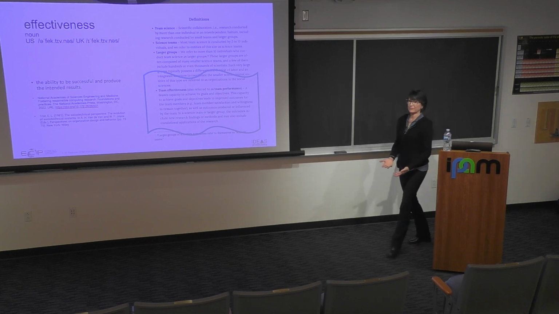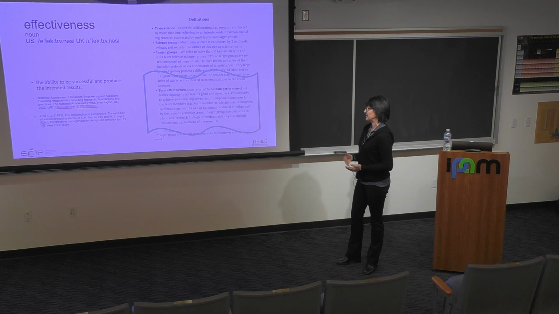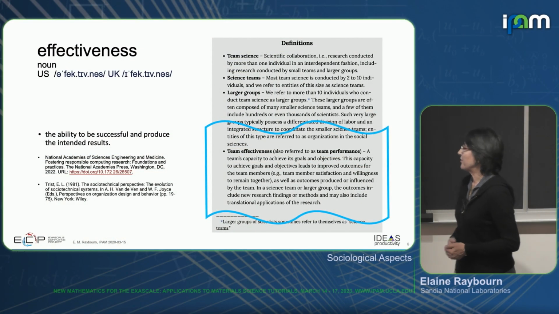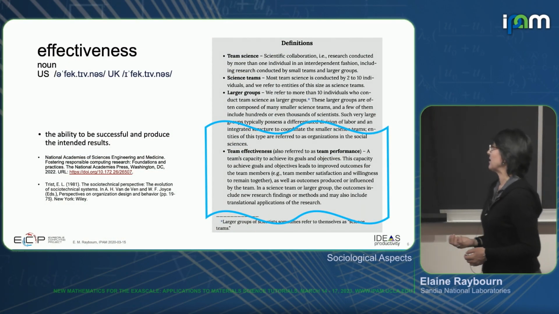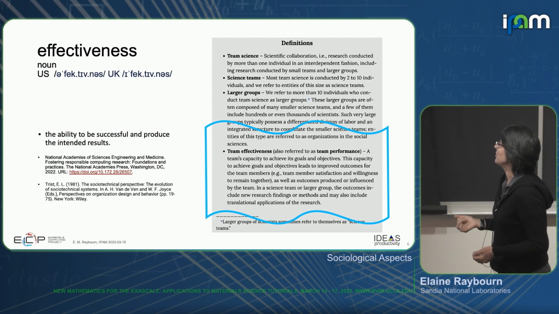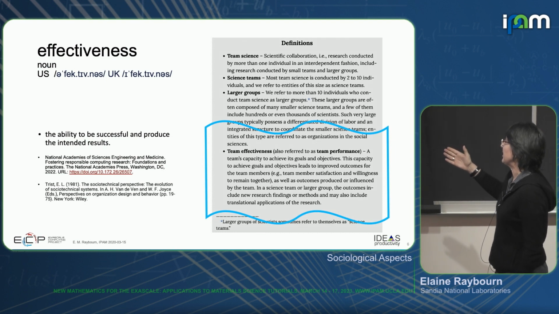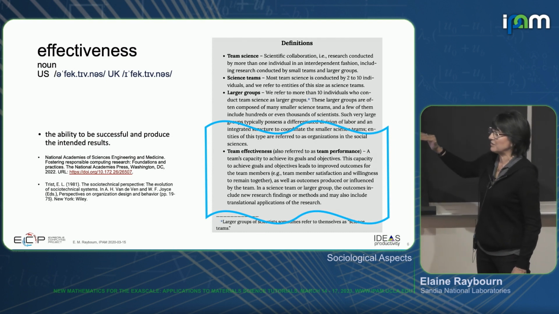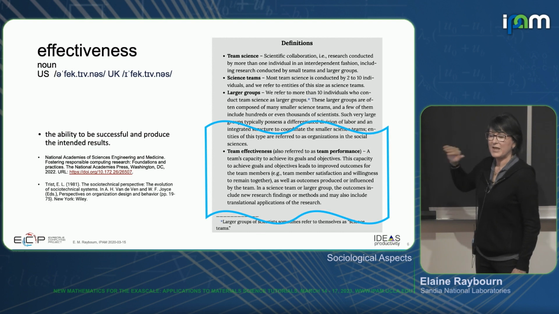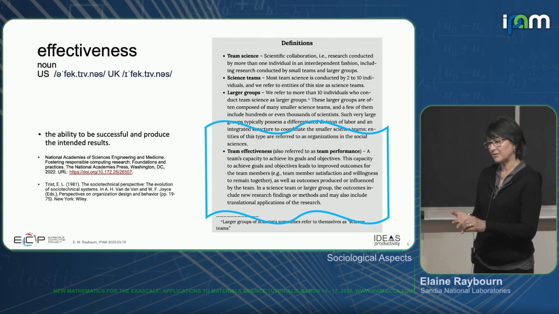And now effectiveness. This is how we're defining effectiveness, and this is actually from the National Academies of Sciences, their report on fostering responsible computing research. And so the way that we're looking at effectiveness here is in the team's capacity to achieve the goals and objectives. And there's something that is very prominent in the way that we're defining team and effectiveness.